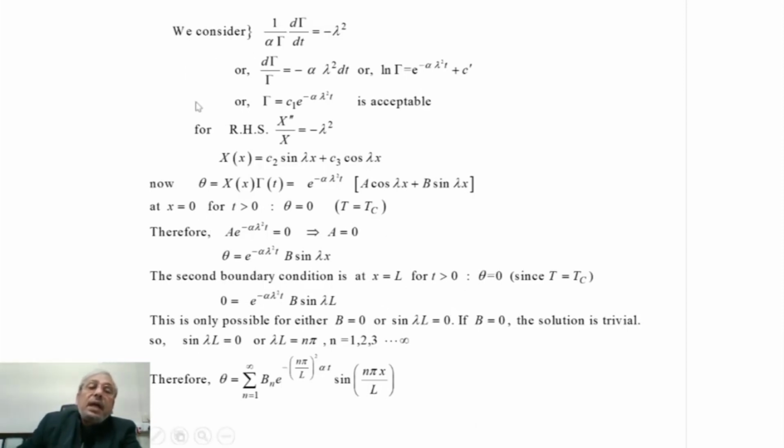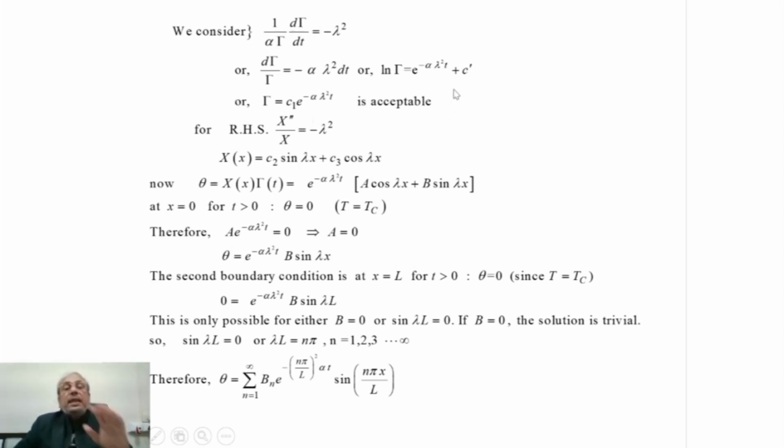Now we consider 1 by alpha gamma into del gamma del t. This quantity is minus lambda square. If we accept this separation constant as minus lambda square, we can see the solution becomes gamma equal to C1 e to the power minus alpha lambda square t, and this is acceptable.